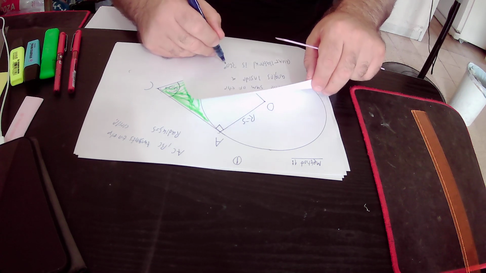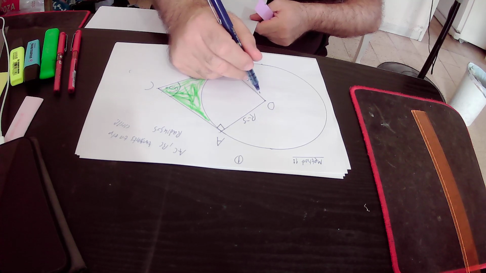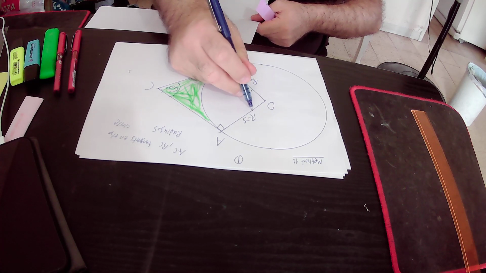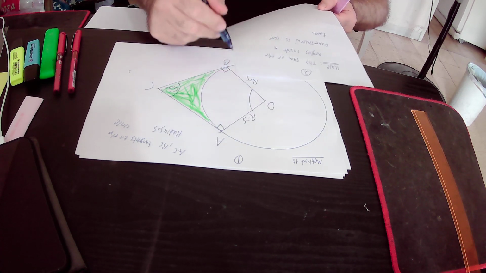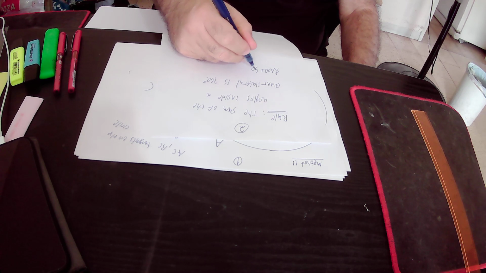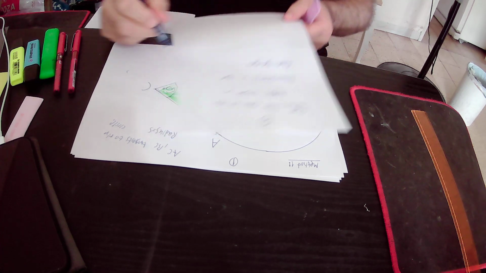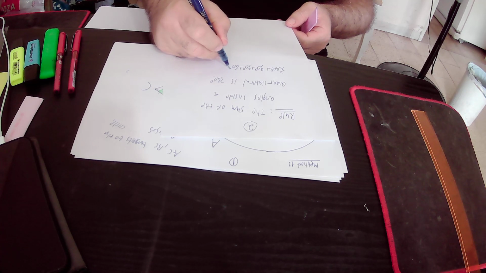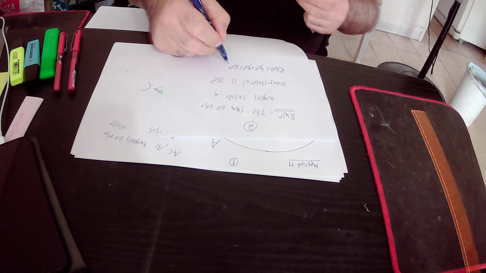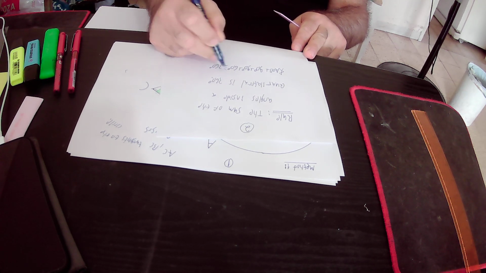So according to this rule, angle AOB plus 90 degrees plus 90 degrees plus angle ACB that equals 60 degrees. In total, the sum of those four angles must be equal to 360 degrees according to this rule.